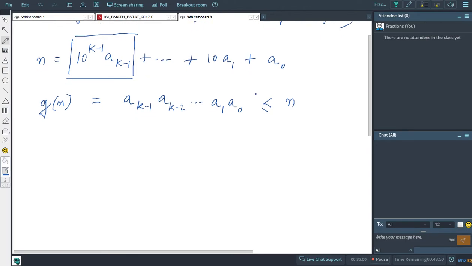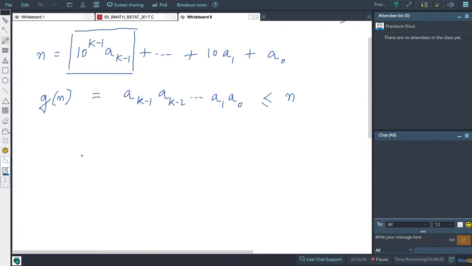So this part itself is greater than the product of all the digits of the number. Why? Because a k minus 1 a k minus 2 dot dot dot a1 a naught is less than or equal to a k minus 1.